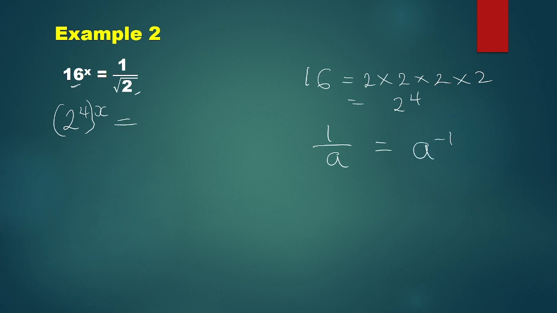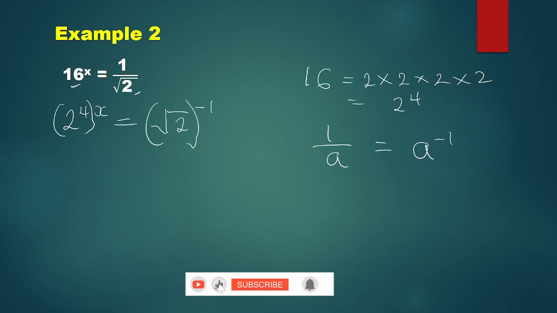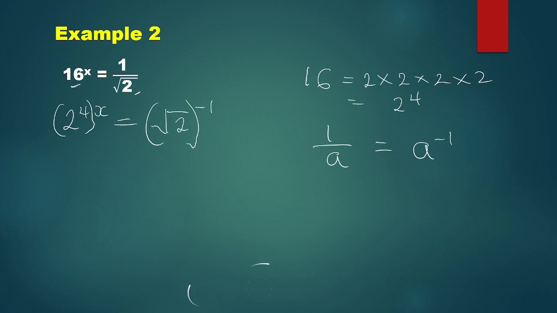So I can write this as square root of 2 raised to the power of minus 1. So 1 over anything is that same thing raised to the power of minus 1. Now, the bases are still not the same. This is 2 and this is root 2. There's another rule that says that the nth root of a is equal to a raised to the power 1 over n.